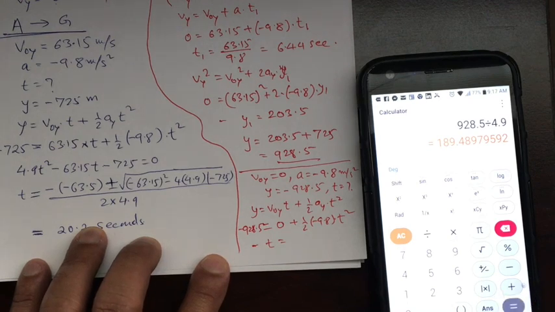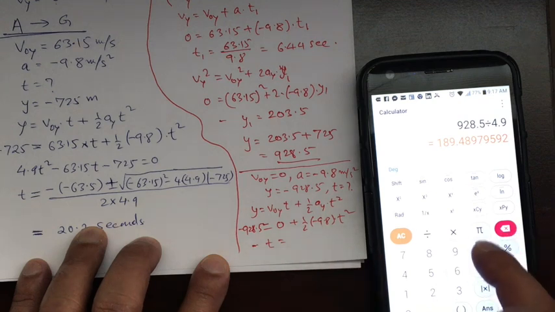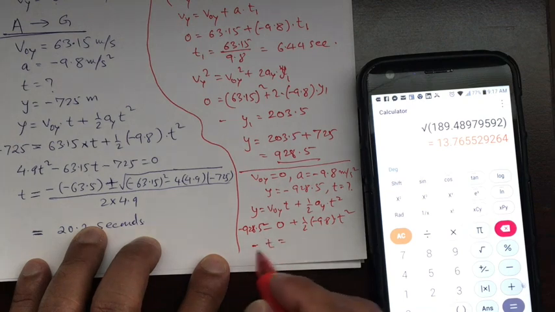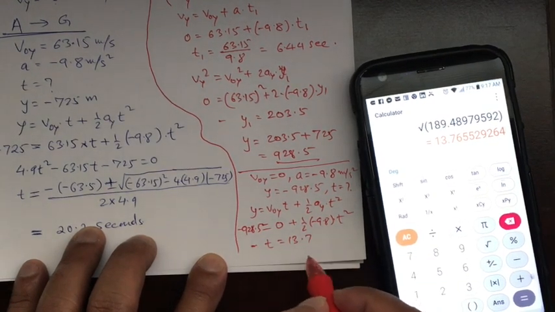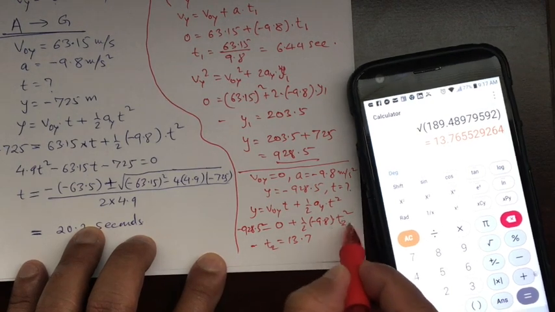But now you have to take the square root of that answer, and that will give you 13.76777 something, 13.7. So this is your t2, by the way.